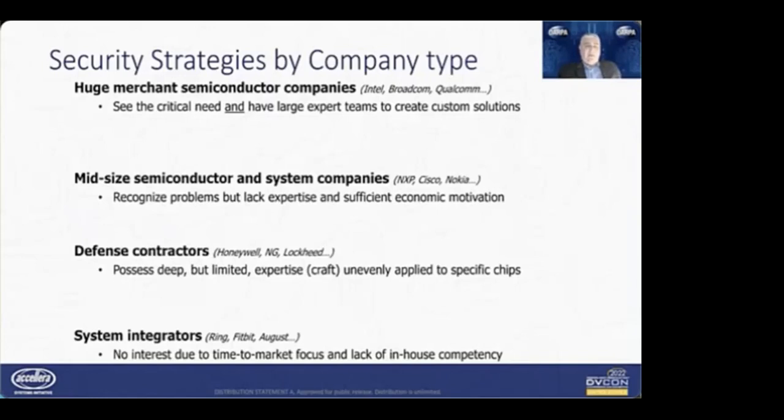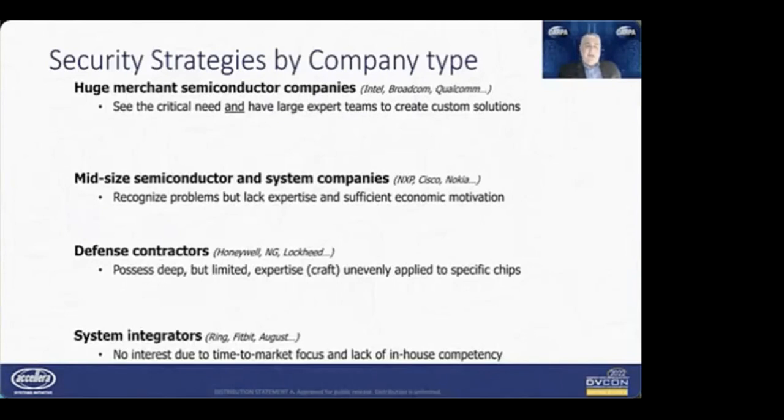So those companies have large teams of people that create custom security strategies for their high volume silicon. Then you have the mid-sized semiconductor companies and system companies that do ASICs. And here you see that they either lack expertise or have insufficient economic motivation to do anything about this.